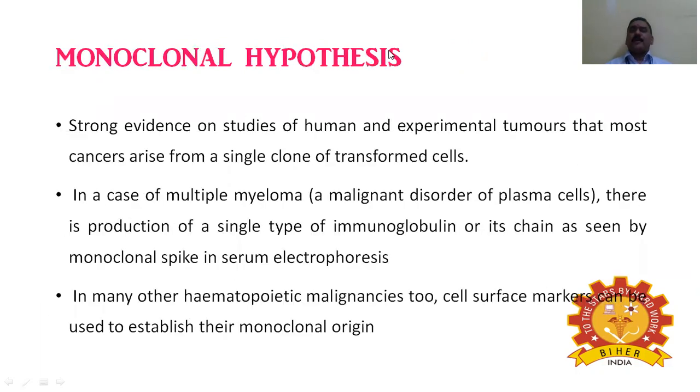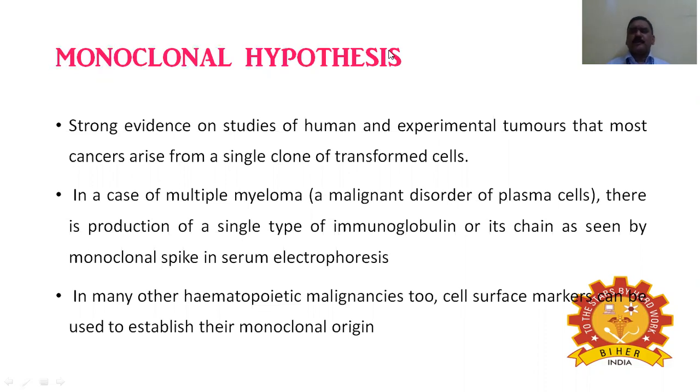Next, I'm coming to the monoclonal hypothesis. There is strong evidence from studies of human and experimental animal tumors that most cancers arise from a single clone of transformed cells. In the case of multiple myeloma, what is multiple myeloma?